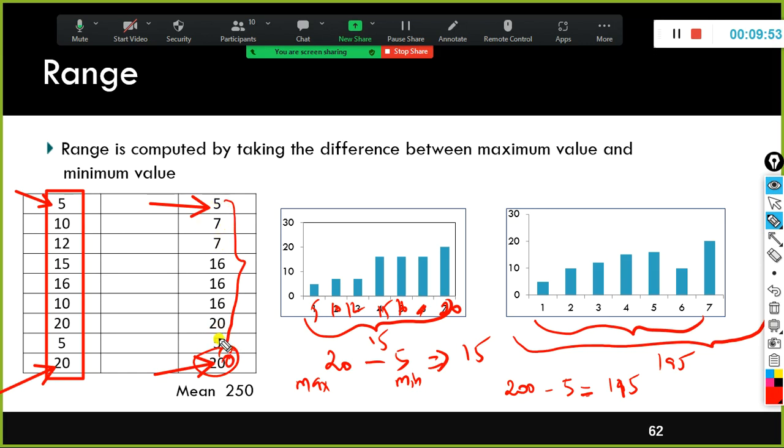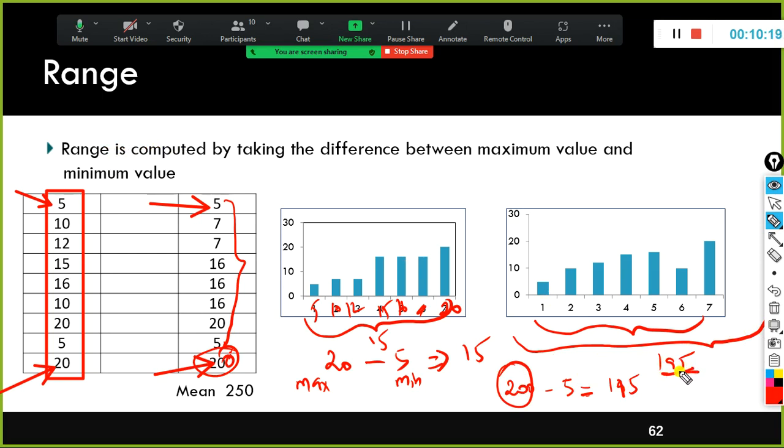The rest of the values are almost closer, just because I have one outlier. One outlier, when used with the range measure, misleads us to think wrongly that the spread is too wide. Actually, it is not too wide. Just because you have an outlier, it tells me 195.